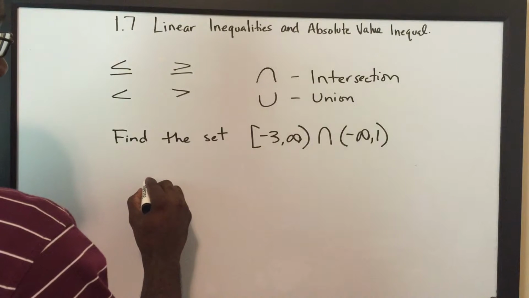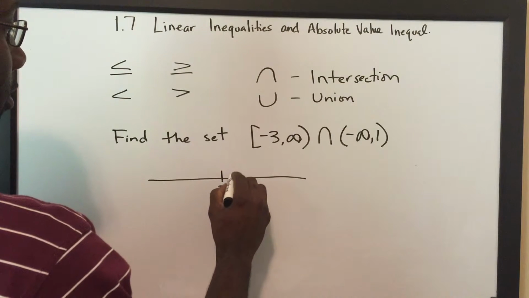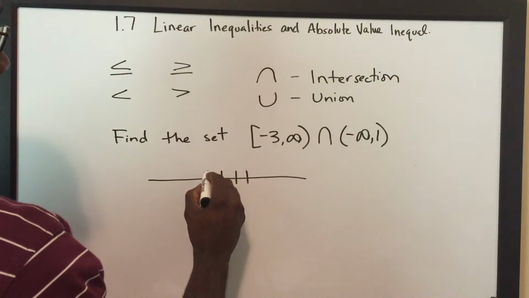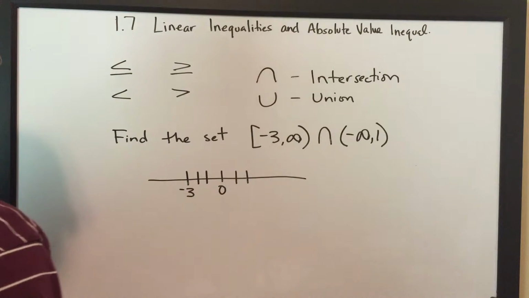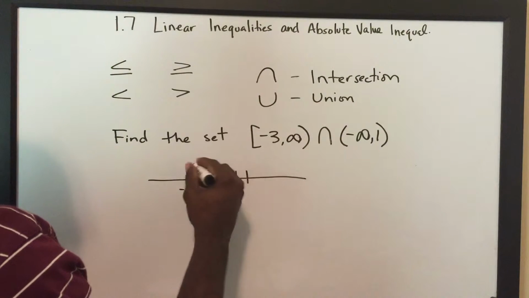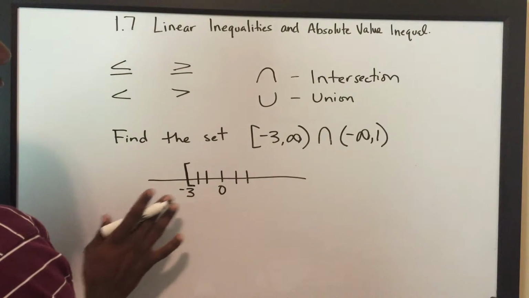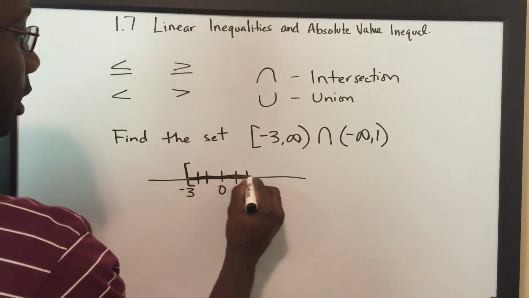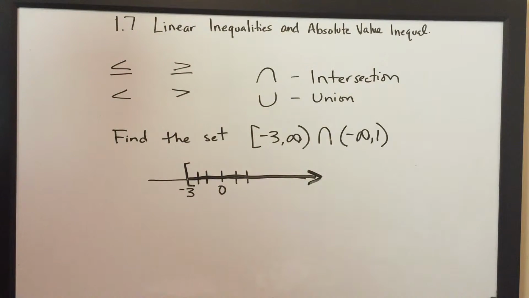So, draw our number line out, put 0 here, 1, 2, 3, and -3. Then I put my bracket on -3, and infinity goes on forever this way, so I'm just going to draw this line just like that. Just put an arrow. The arrow means infinity, it goes on forever.